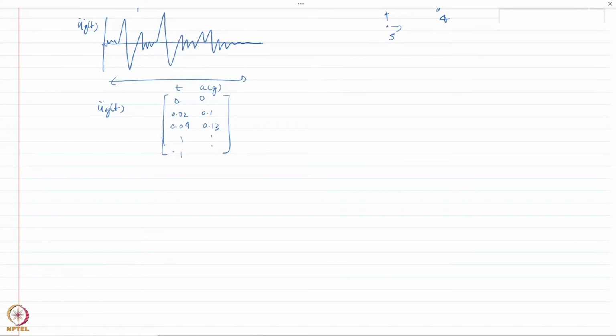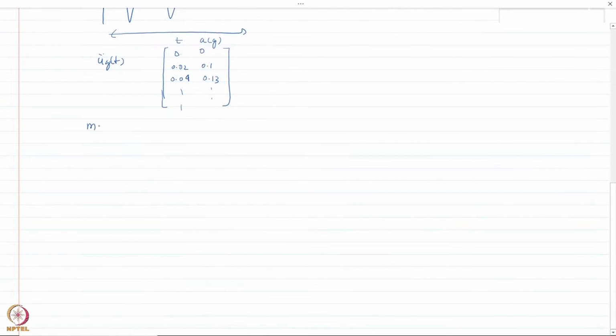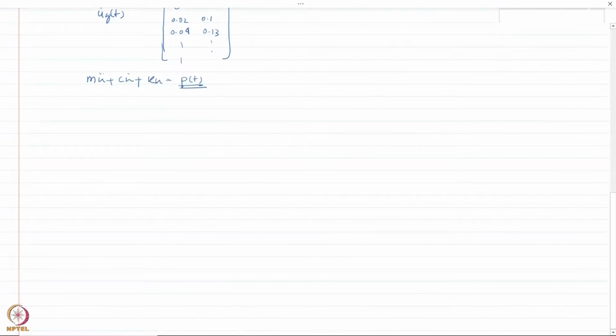Now, in the previous chapter we have seen, given any arbitrary excitation, how to find the response of a system to any arbitrary excitation p(t). Basically we use numerical methods. Depending upon whether the system is linear or non-linear, we discussed three methods.